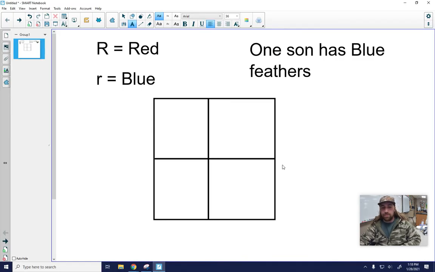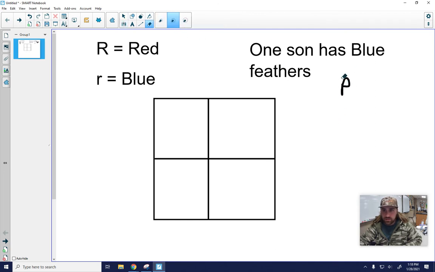Perfect. Okay, so here's a Punnett square. We've already talked about this a little bit. We have capital R, we have lowercase r. We know for sure one son has blue feathers, and we have to figure out the parents' genotype. Now, how this is going to be possible is that we need to understand that at least one of these traits is going to give us a lowercase r.